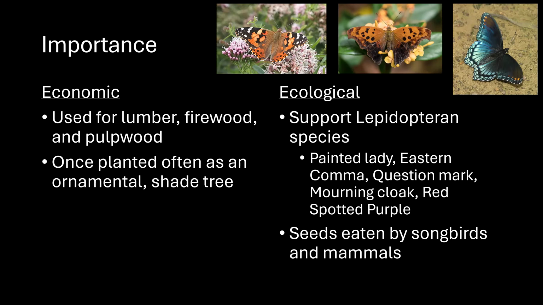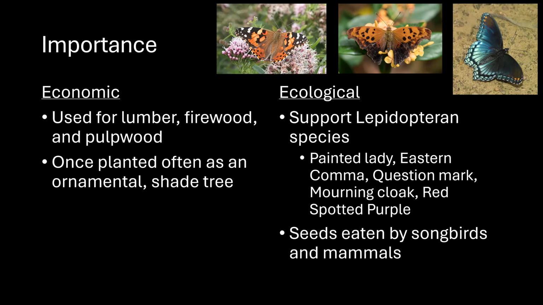Anywhere from our painted lady, which you can see in the first picture, to our very similar looking Eastern comma and question mark butterflies, our mourning cloaks, and then our red spotted purple, which is the last picture that you can see here. So it does support a diversity of butterflies. Now, there are certain species that may prefer it as a host plant to others, but these are all species that we may actually see the caterpillar on.